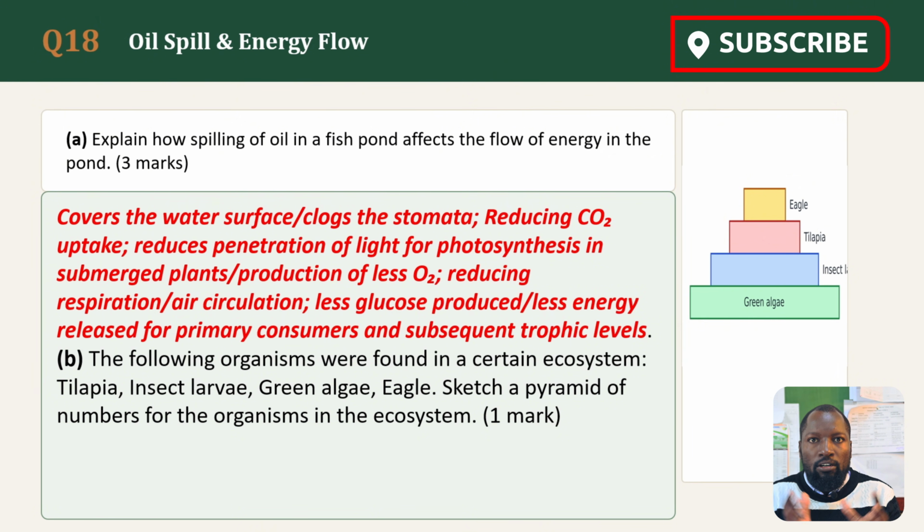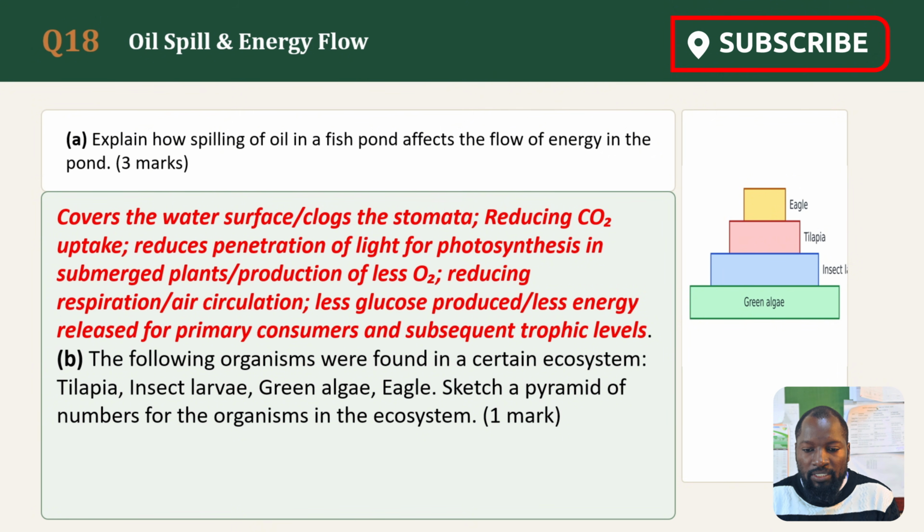It also clogs the stomata, which in that case will reduce the intake of carbon dioxide. Remember, the plants and animals living in aquatic environment benefit from each other. Those plants clean the water, that is, they remove CO2 from water, and then they supply it with oxygen. But now when you cover it, you prevent the same plants from taking up what?